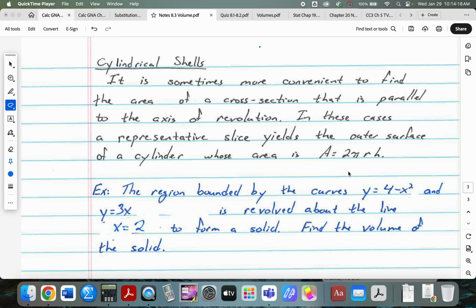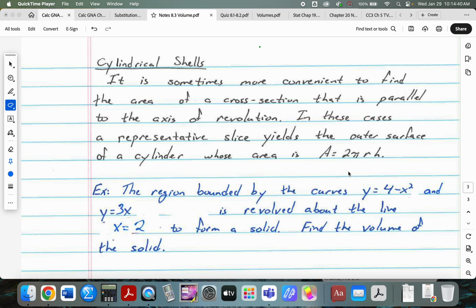If you have a hollow cylinder like this, and you want to know the area of this outside piece, that's going to be equal to, if I unfold it, the circumference of the base by the height of the cylinder. And that's why it's 2 pi r times h.